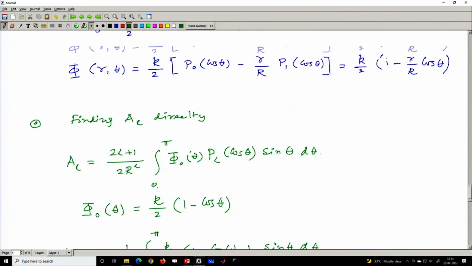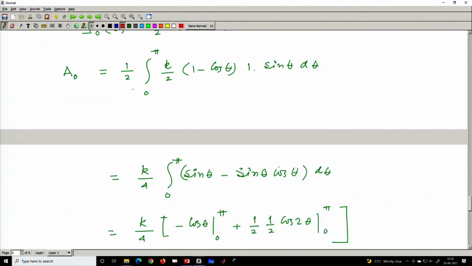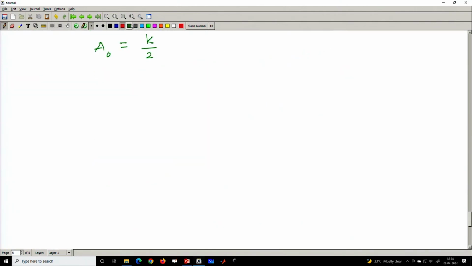Now A0, if you look here, we already figured out with the expansion that it is k by 2. In a similar way, if you calculate A1, I am not going to do the full calculation.